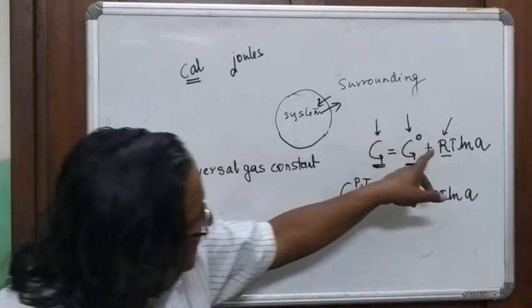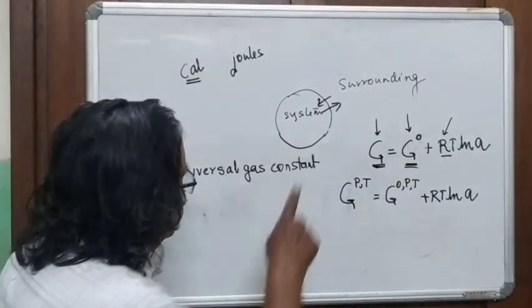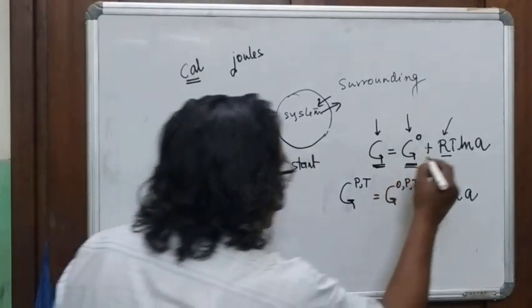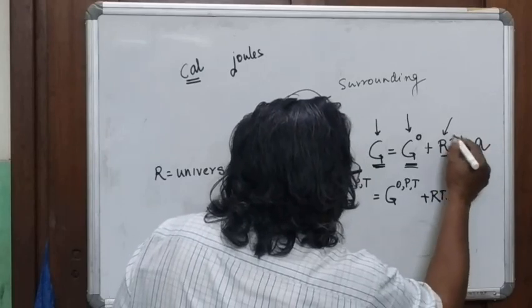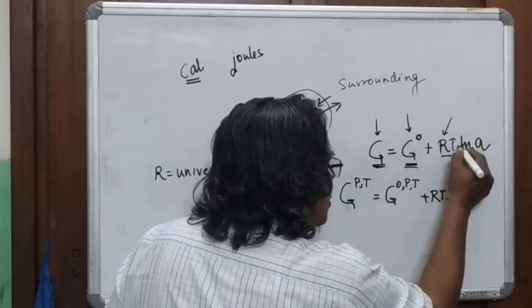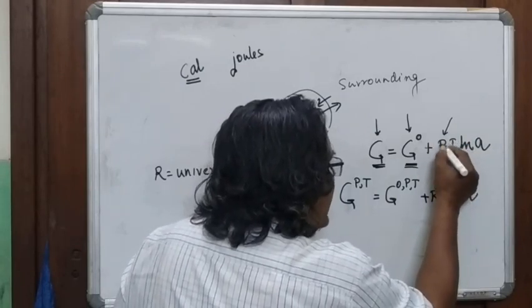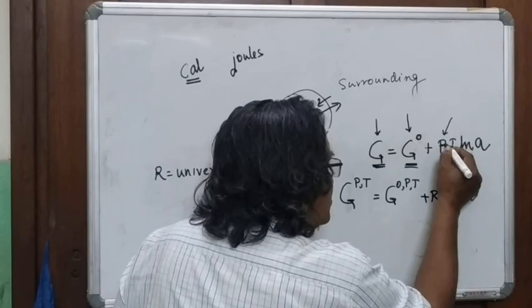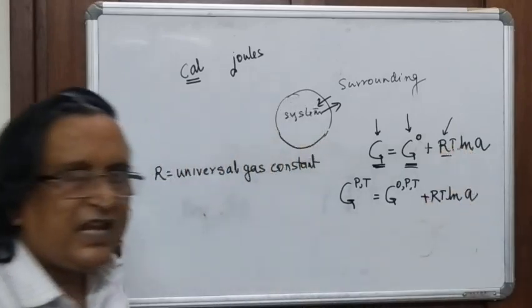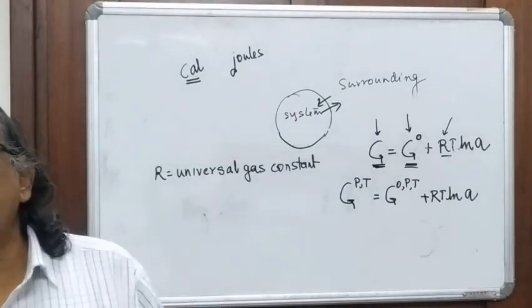So what should be the unit of R? This total has to be calories, because this is calorie and this is calorie. Since it is multiplied by temperature, R should be calories per degree Kelvin. In thermodynamics we use kelvins.